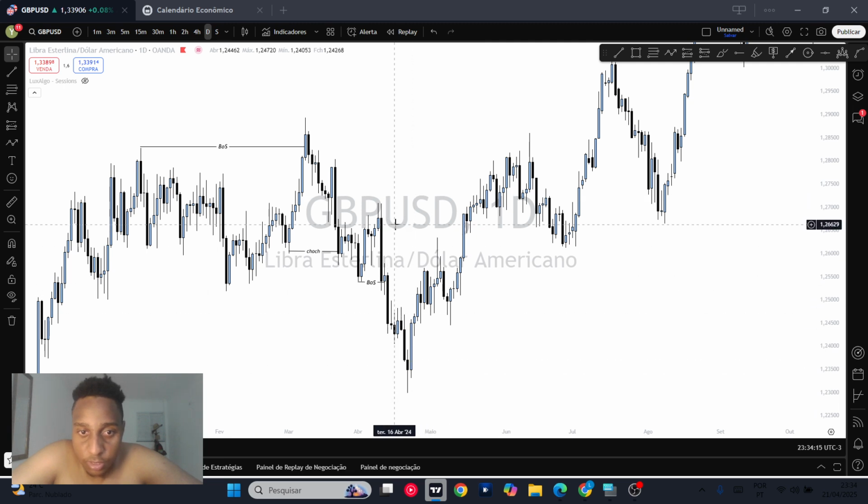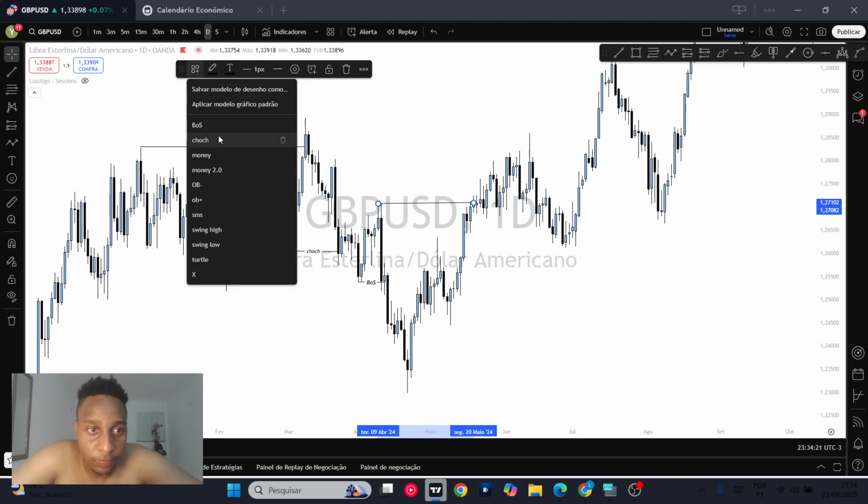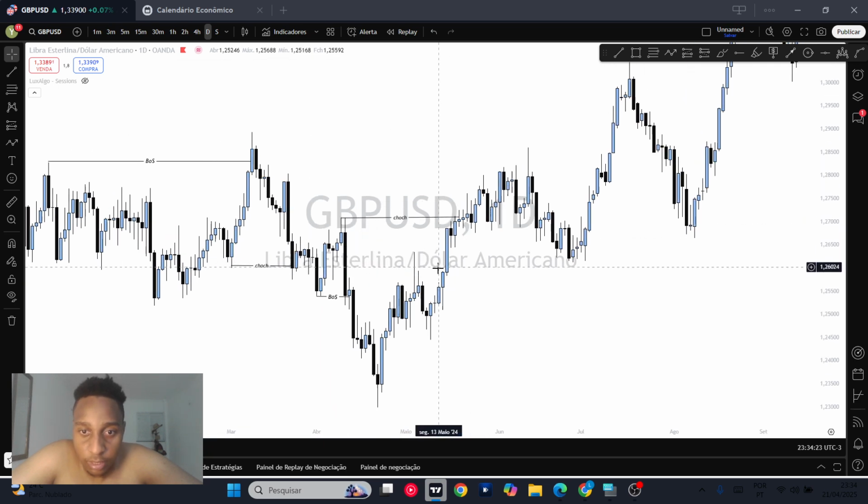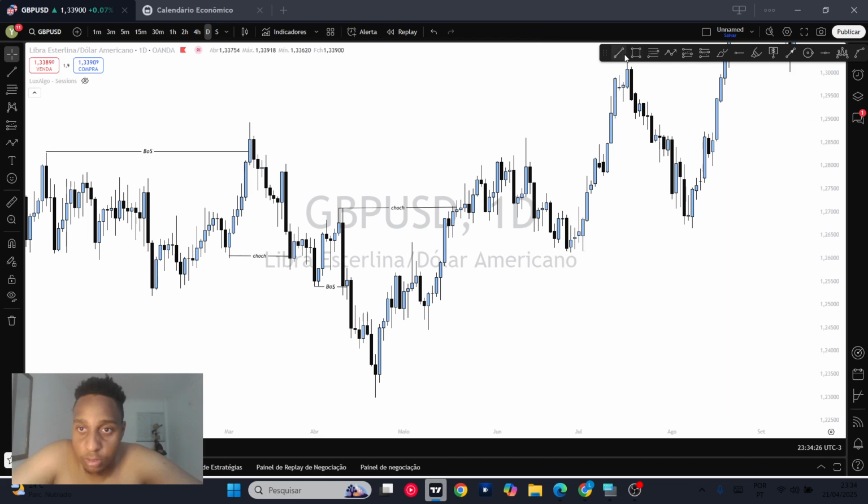Within this break of structure, price then made another change of structure right here, CHoCH, and now this means we are bullish.